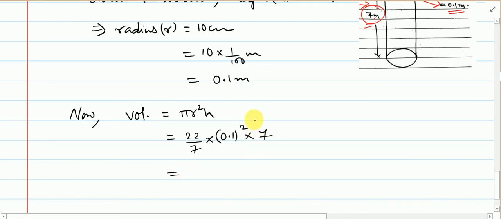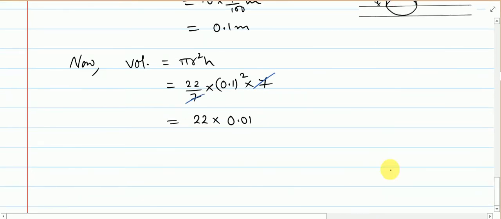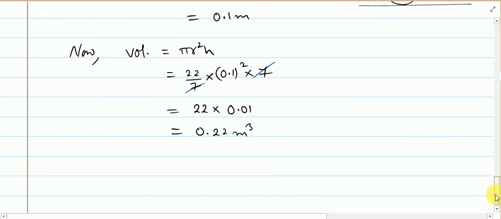So here 7 cancel, and 22 into 0.01, then multiply this and you will get 0.22 meter cube. So you got the volume for the wooden pole.